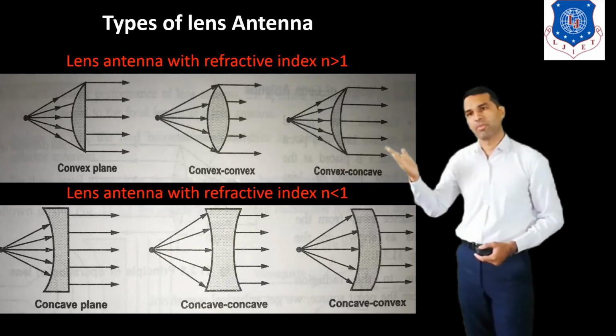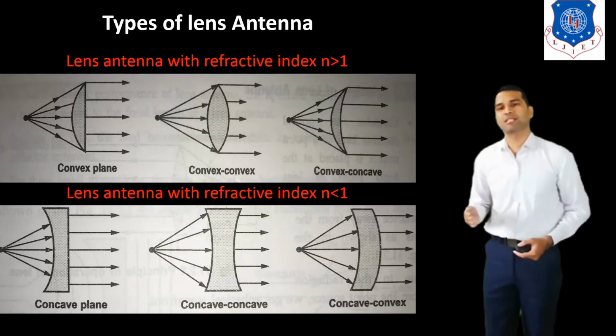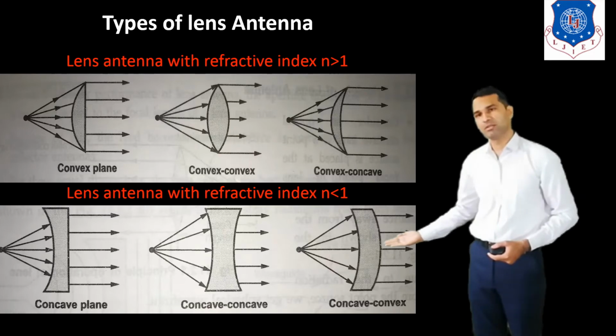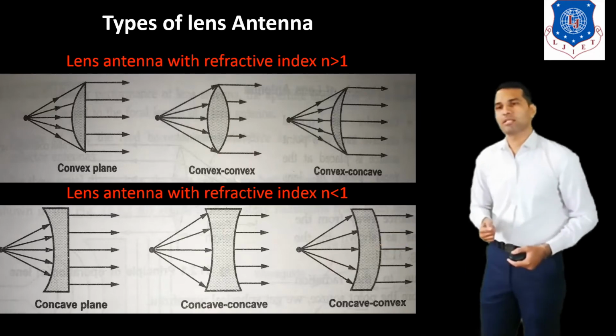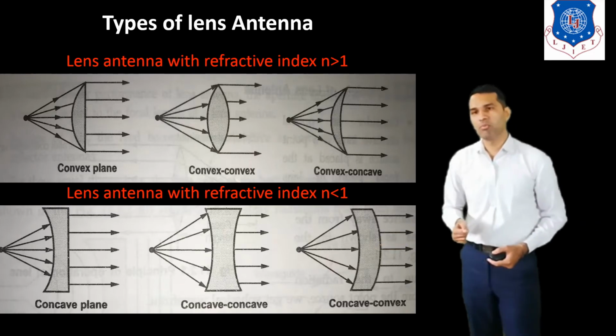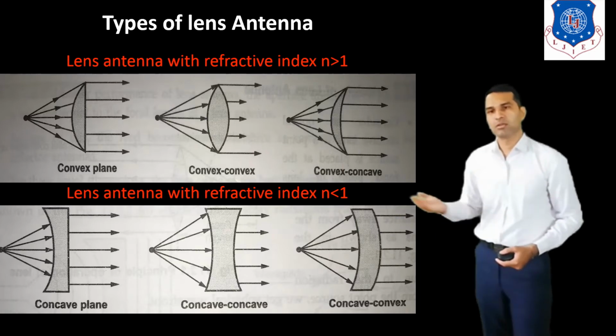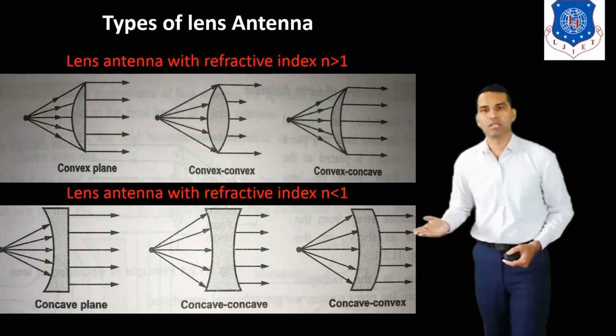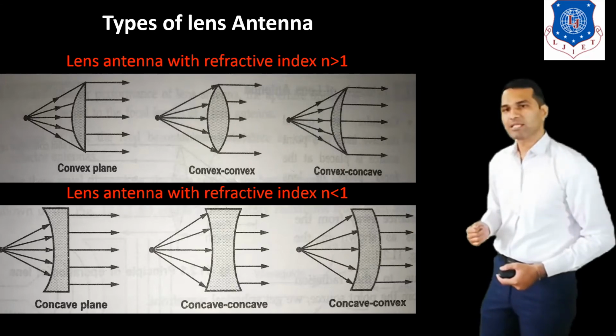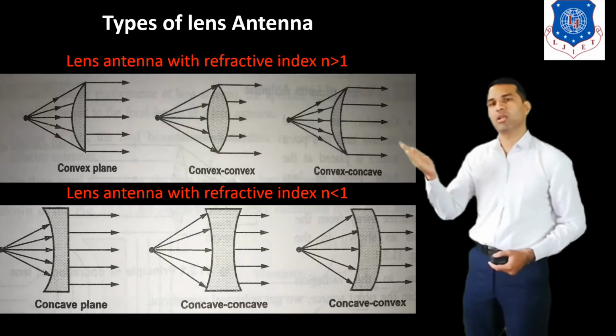When the refractive index is less than 1, then in this figure the types of the lens antenna are the concave plane lens, then the concave lens, and the last one is the concave convex lens. So these are the types of the lens antenna.